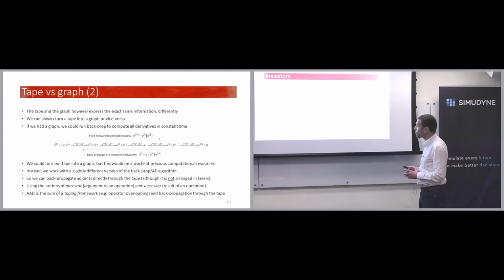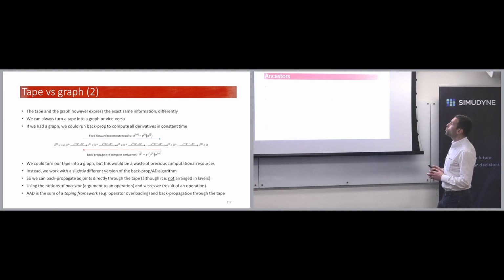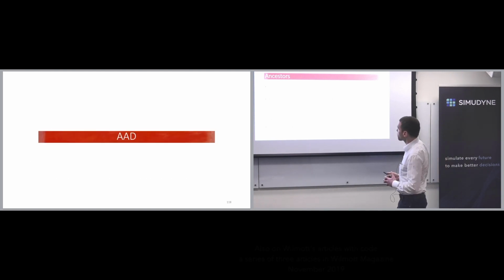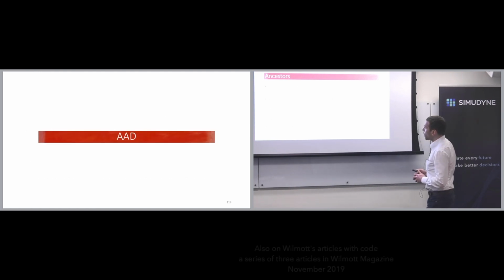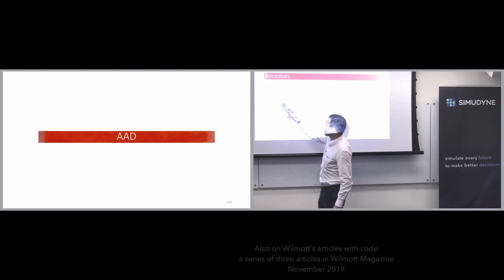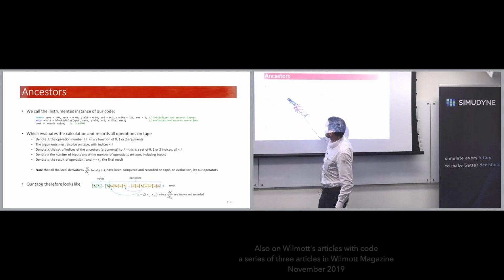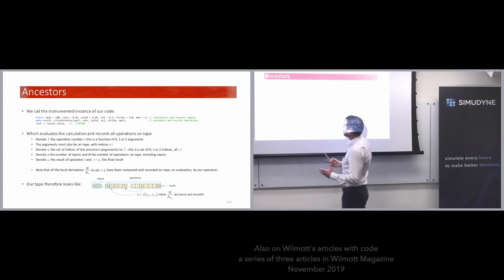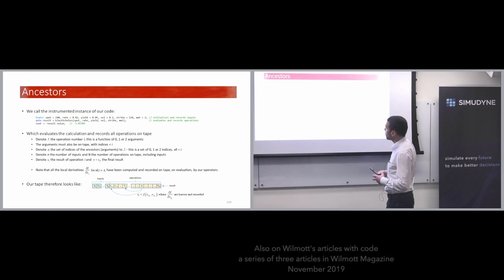So, in order to do that, we need to formalize the notions of ancestors and successors on tape. So we called our instrumented instance of our code. We initialized some custom numbers here, called the Black-Scholes function, and because the arguments are of type number, it called the instrumented version of the Black-Scholes code, right?